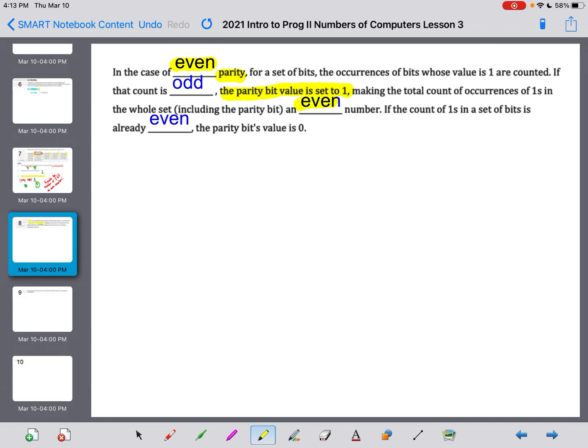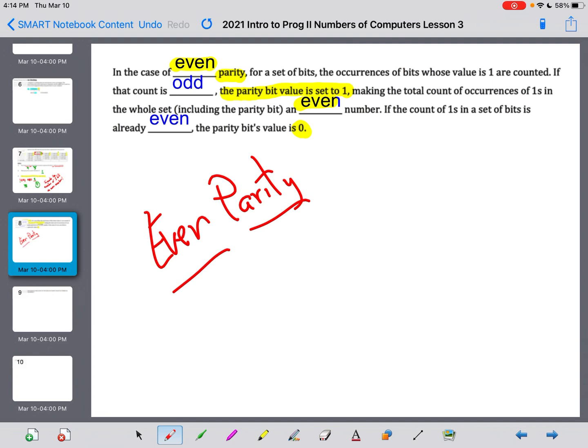Okay, if the count of ones is already even, then we set the parity bit to 0. That keeps it even. So this is even parity. Now, out there at times, there's odd parity as well. Okay, so again, we are going to focus mostly on even parity.